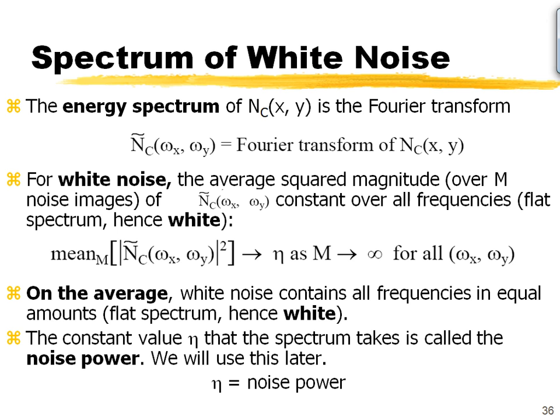So if I take the Fourier transform of my noise signal and look at its magnitude, the mean of that is going to approach some constant value, eta, where m, of course, the number of samples I have in my signal, goes to infinity.